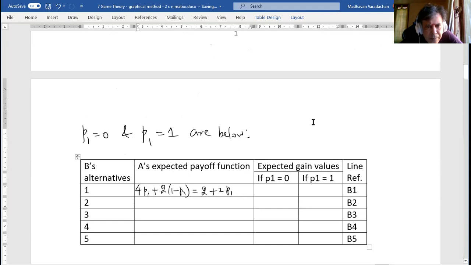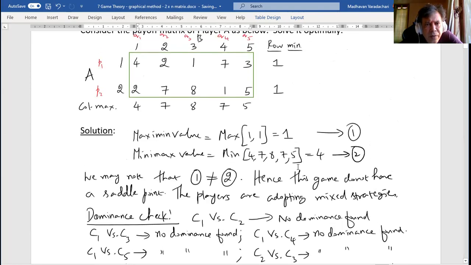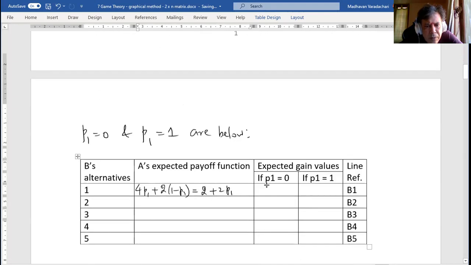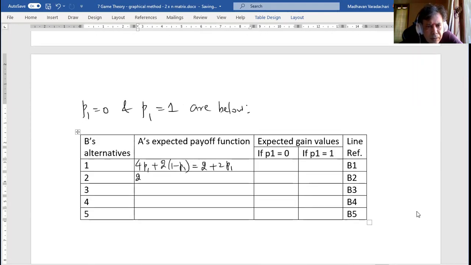Then the second alternative of B: 2P1 plus 7 times P2, 1 minus P1. That can be written as 7 minus 5P1, because 2P1 minus 7P1 will give you minus 5P1.